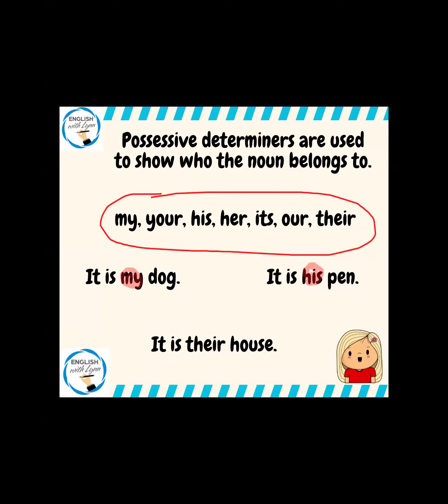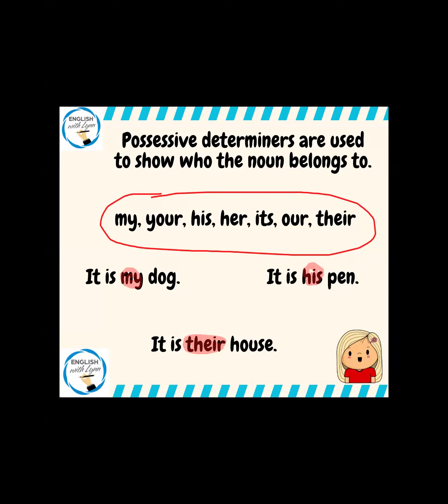Then you have their and our, and these are the plural possessives. So if it is their house, it belongs to them. So it isn't just one person that it belongs to, it is several people. The same as if I say it is our house, it would belong to me and several other people.